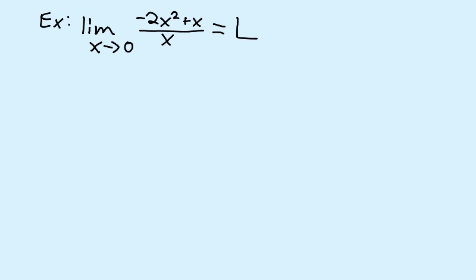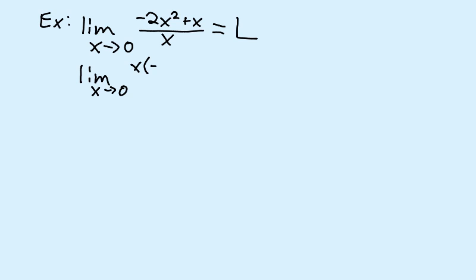Alright, so first let's take an example of just a simple quotient type problem. So we have the limit as x goes to 0 of negative 2x squared plus x over x. And this is going to equal some limit value L. So if I plug in 0, I'll get 0 over 0, which can't happen.